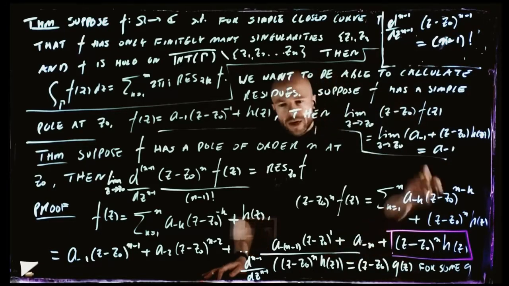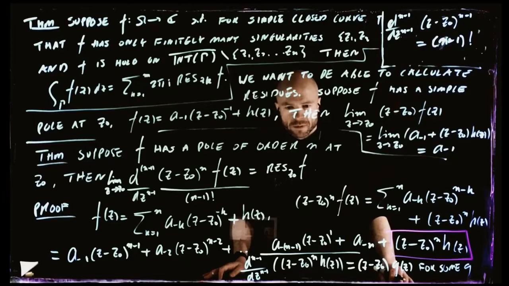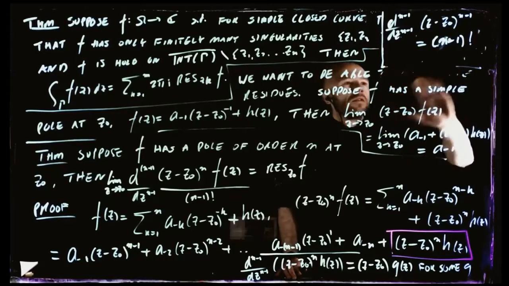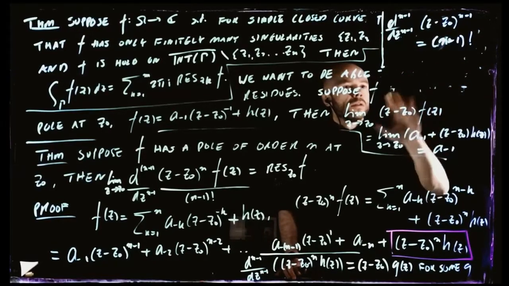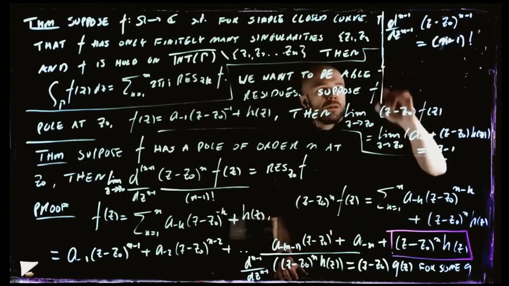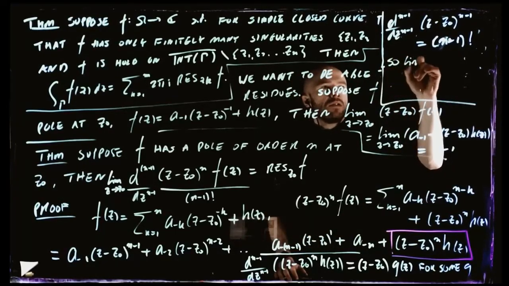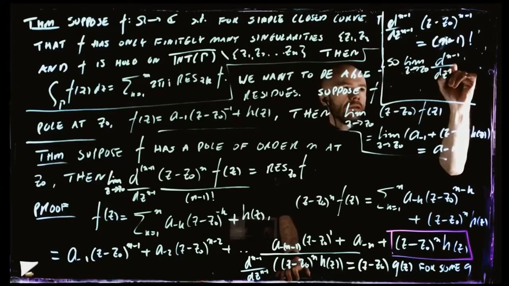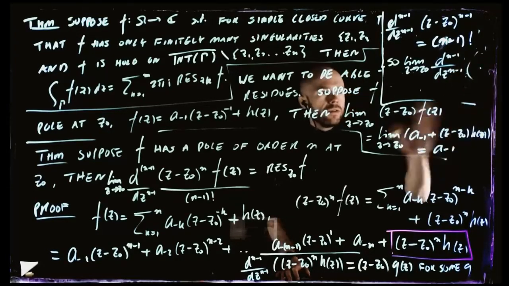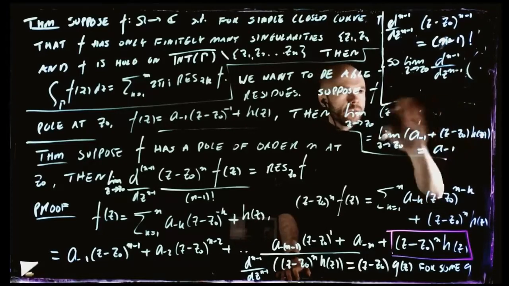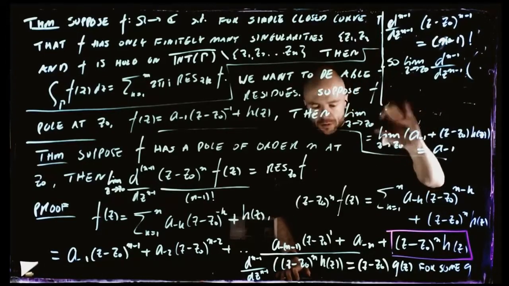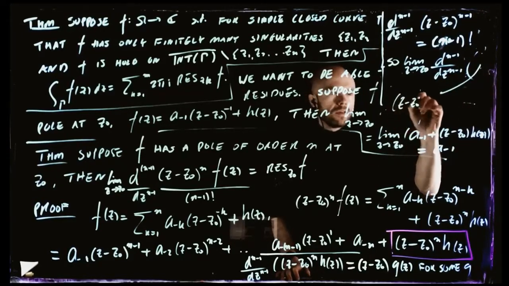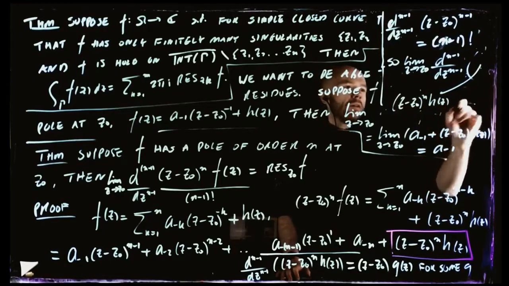Well, this is a nice holomorphic function, whatever. We don't care about it. So, putting it up here, the limit as z goes to z0 of n minus 1 derivatives of our expression here, of z minus z0 to the n times h of z, is equal to 0.